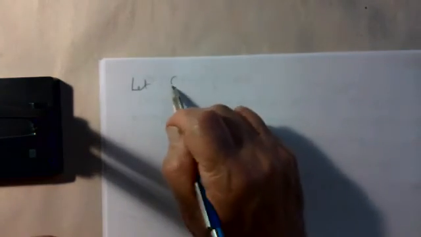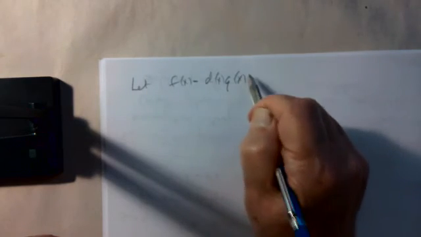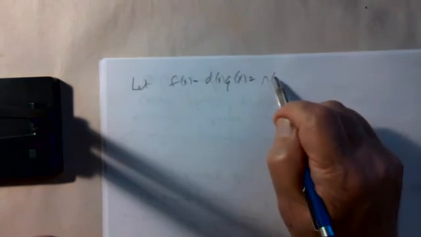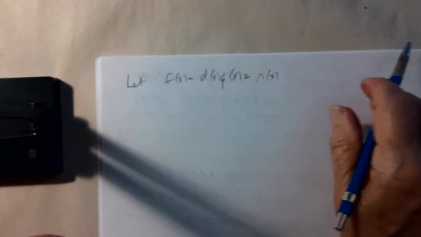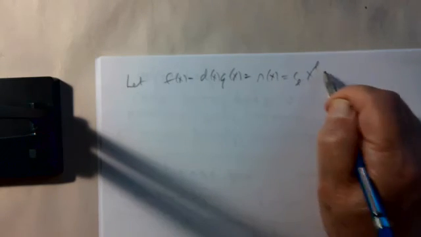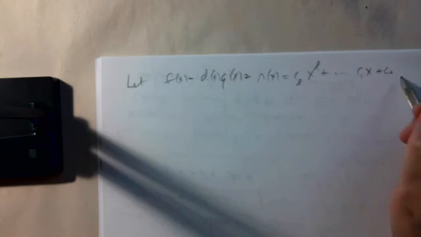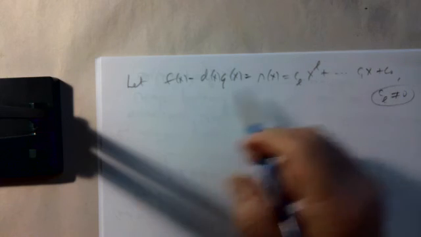So if we let f of x minus d of x q of x be some polynomial I'll call r of x, it has degree L. It's c sub L x to the L down to c1 x plus c0, where this leading coefficient c sub L is non-zero.